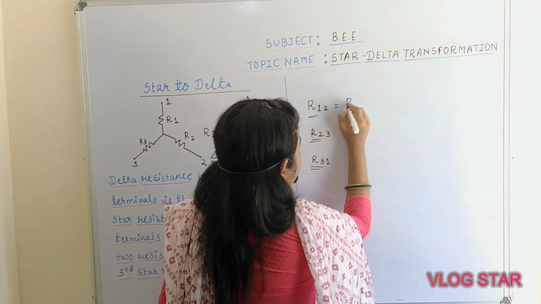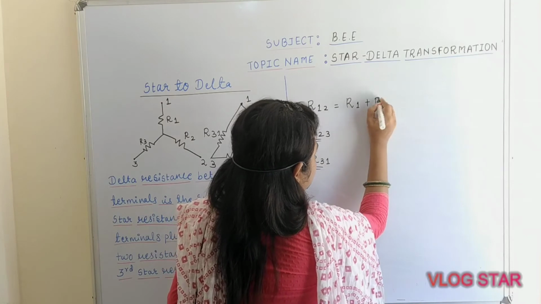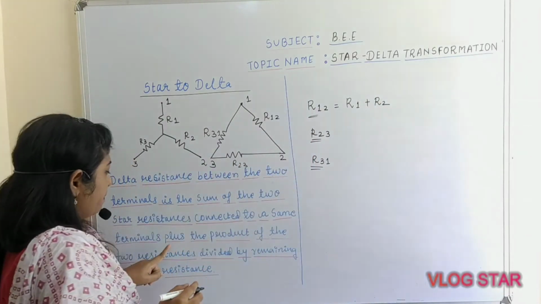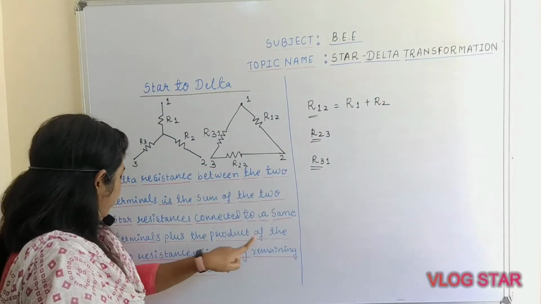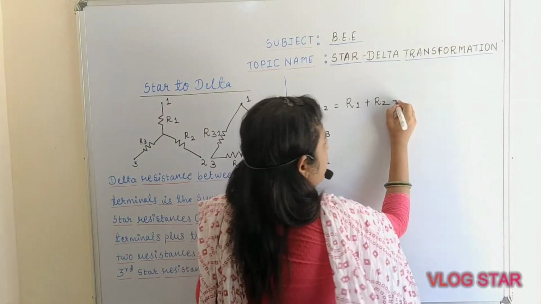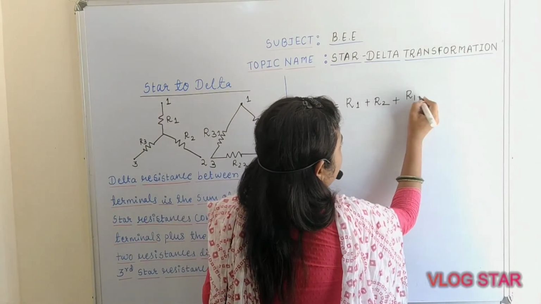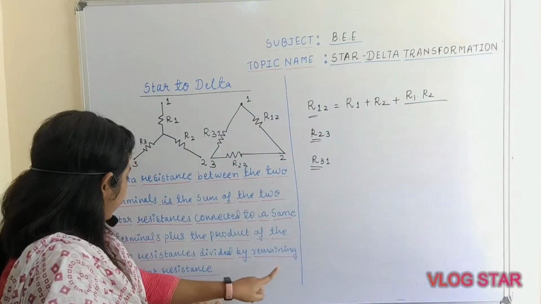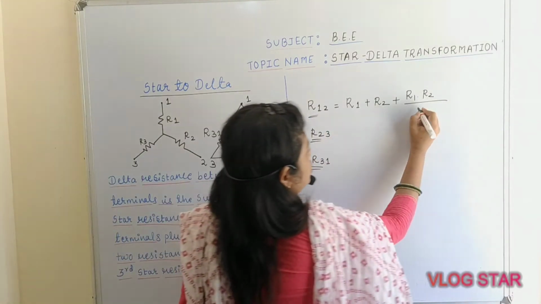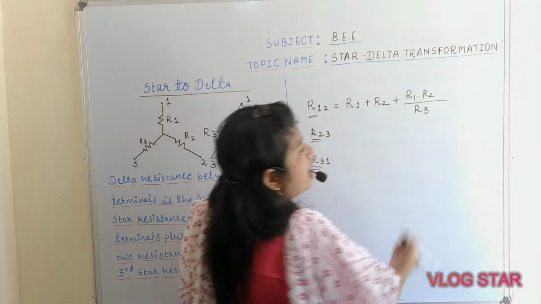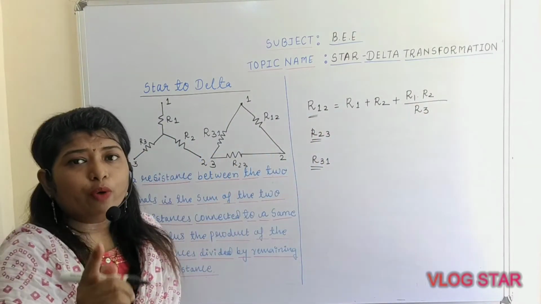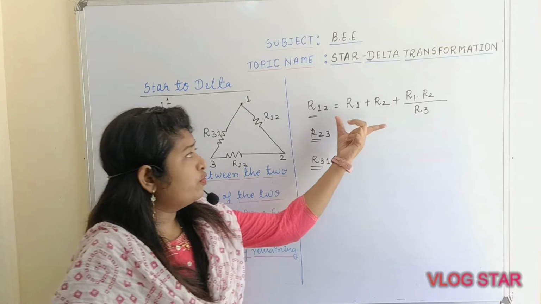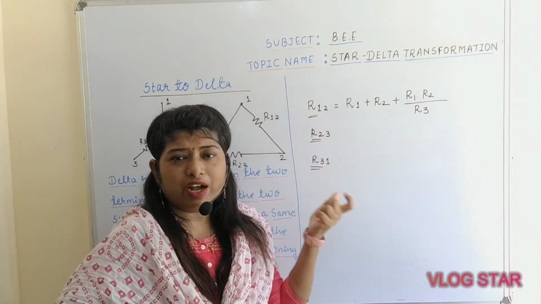So the sum of two star resistances plus the product of the two resistances divided by the remaining third star resistance. Which resistance is remaining? R3. I hope you have understood how to formulate the formula for R1,2.